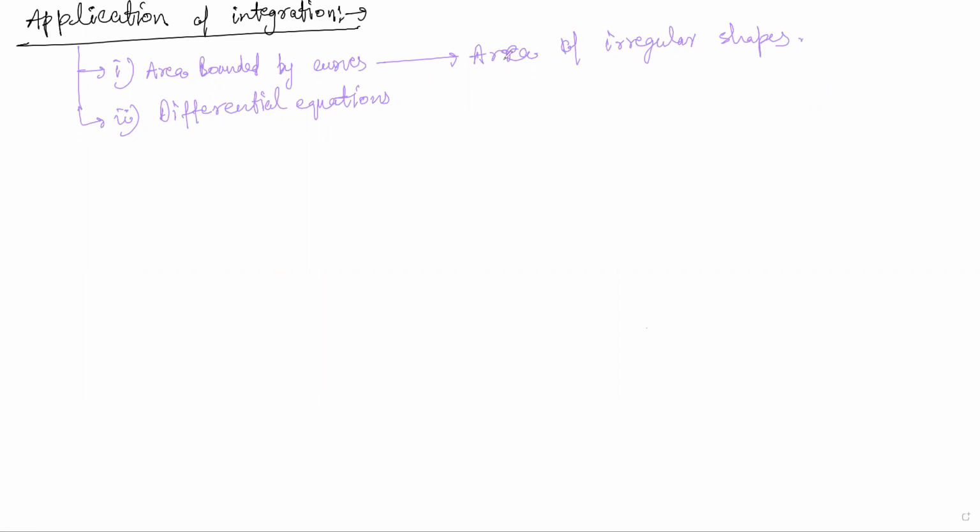So now we do have a lot of surfaces, right? A lot of irregular shapes as well. I get it that circle or ellipse or parabola, hemisphere, sphere, cone, cylinder, these shapes are frequently used, right?